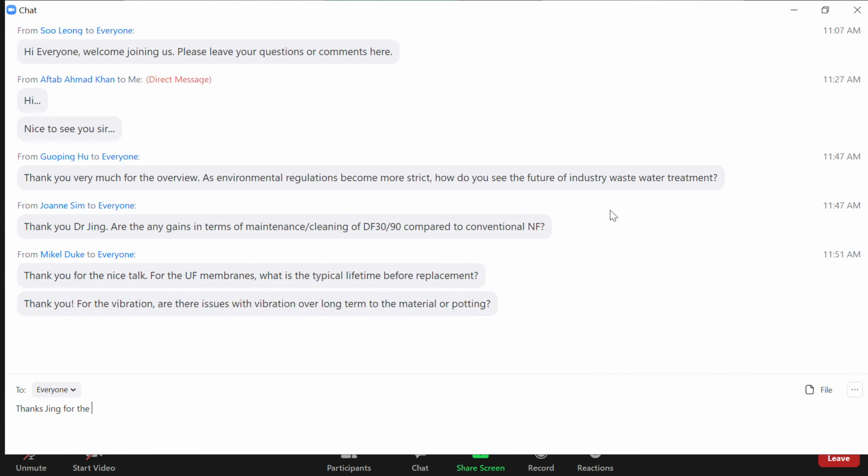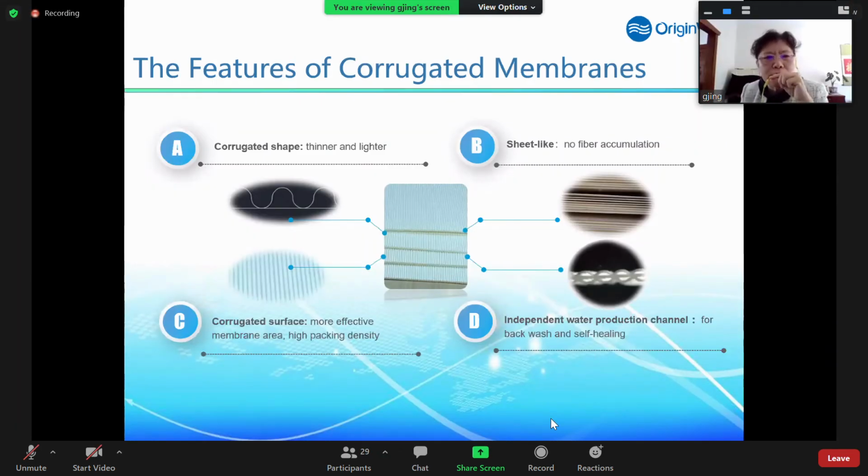If you see the corrugated shape, it is thinner and lighter, and it has the advantage from flat sheet. Also, we can see the independent water production channel that actually comes from hollow fiber.